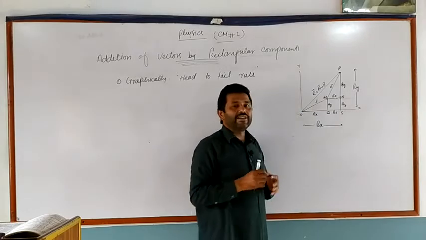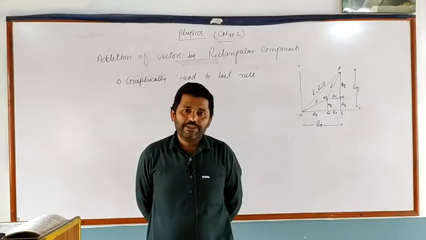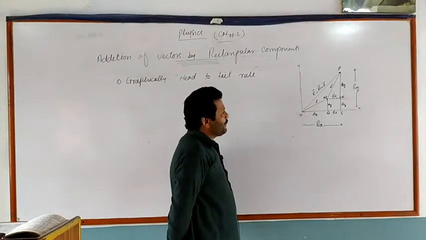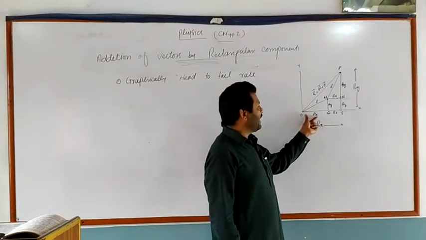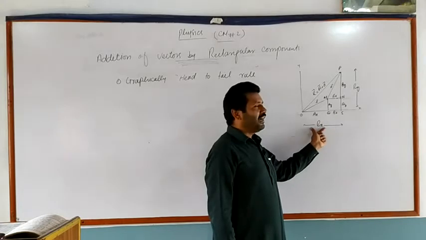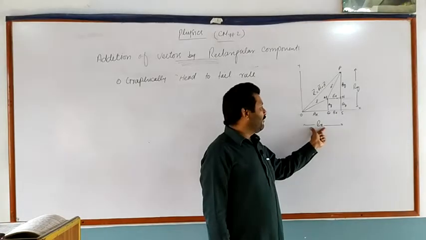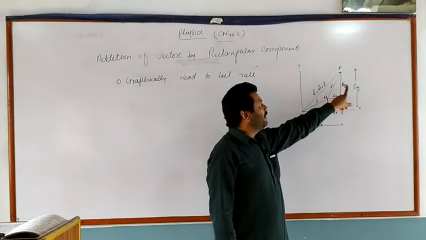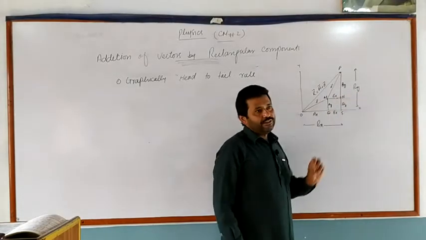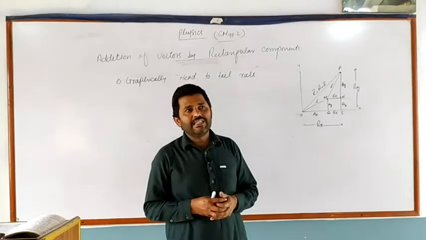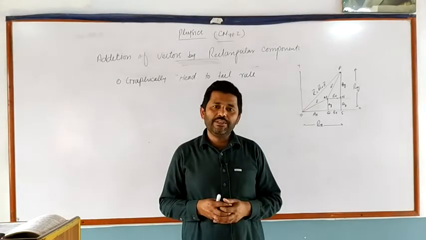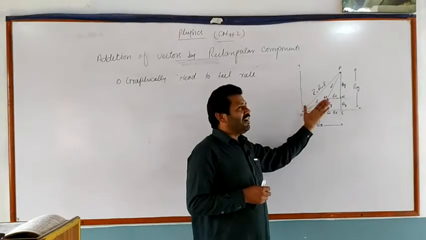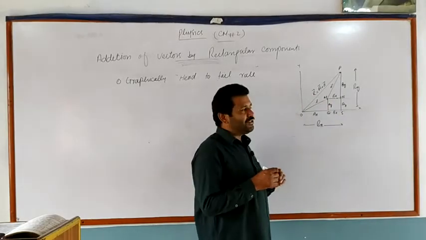In this way, vectors A, B and R are resolved into their rectangular components: Ax, Bx, Rx, the x components of vectors A, B and R, and Ay, By and Ry, the y components of these three vectors.